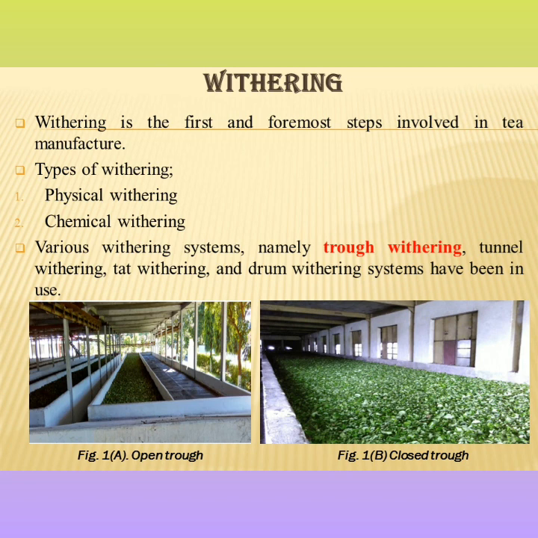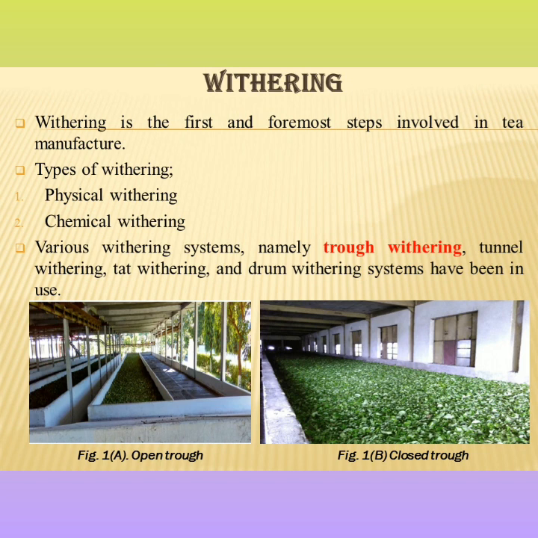Now again, I have to make clear that this physical withering we have to control, and we have to give the proper time to complete the chemical withering. The chemical withering takes around 12 to 14 hours. So we have to work with this time, so that the removal of moisture is done. Suppose 75% moisture, as I told, is there in tea leaves, and we have to bring it down to 28 to 32%.